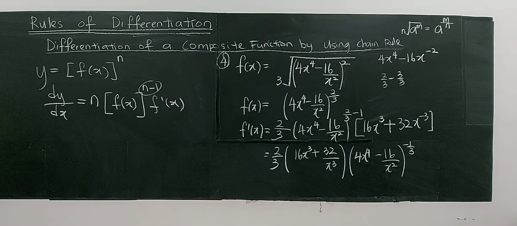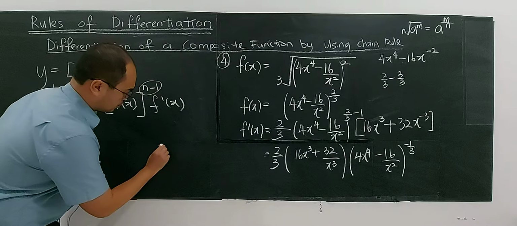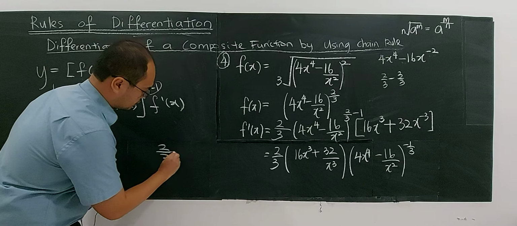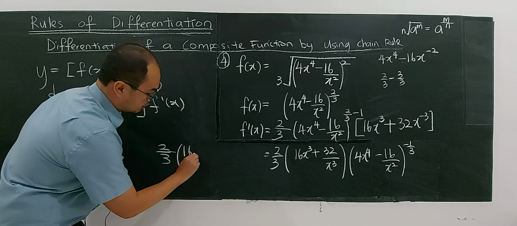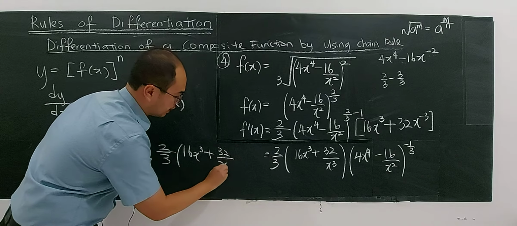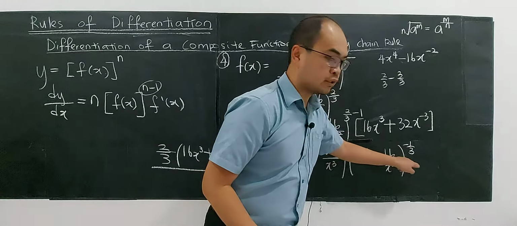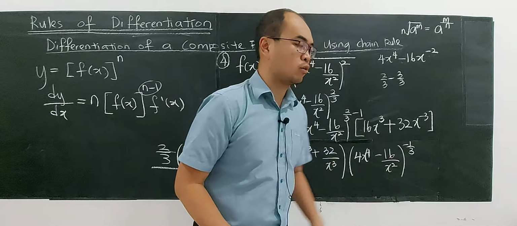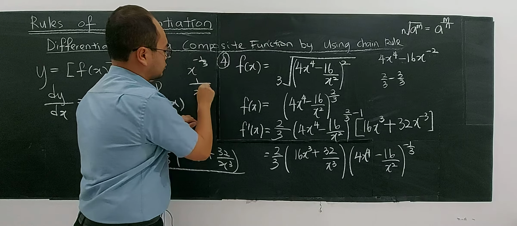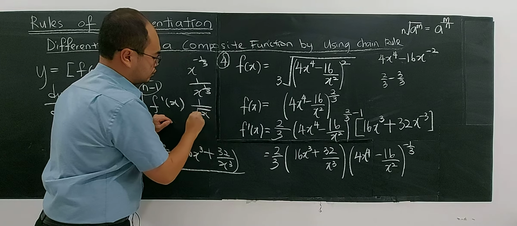Negative 1 over 3. So either you can leave it this way or you can rewrite it this way. Means that 2 over 3 you have 16x to the power of 3 plus with 32 divided by x cubed, divided by, this is negative 1 over 3. So when you move it down, you have power of 1 over 3, right? So you have x to the power of negative 1 over 3, you bring it down, you become 1 over x to the power of 1 over 3. As 1 over 3, you can rewrite as the cube root of x, right?